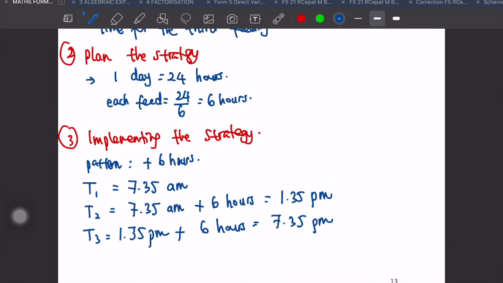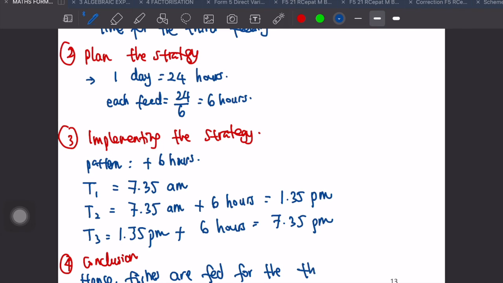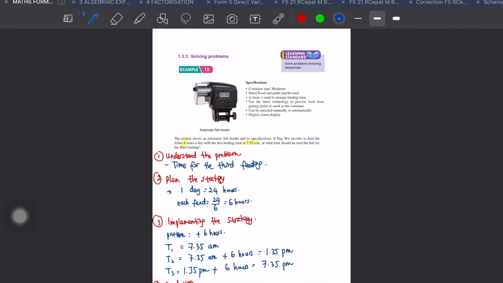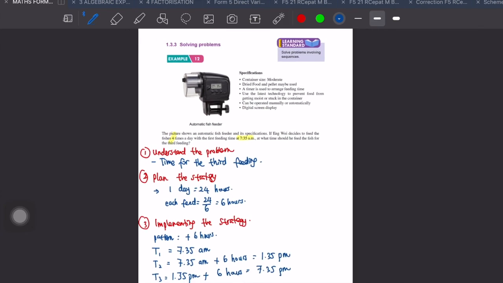So finally, you draw the conclusion. Hence, the fishes are fed for the third time at 7:35 p.m. So that's how you solve the problem.